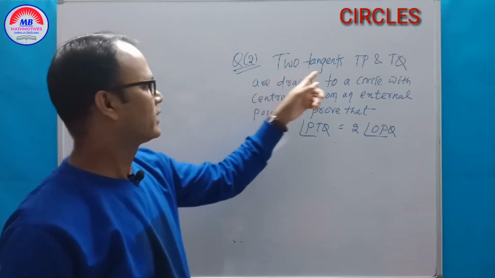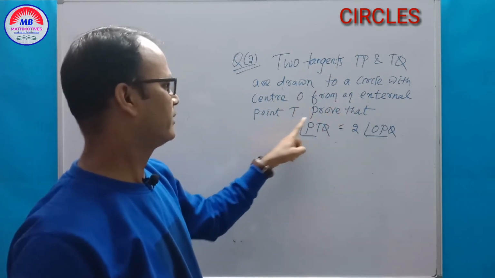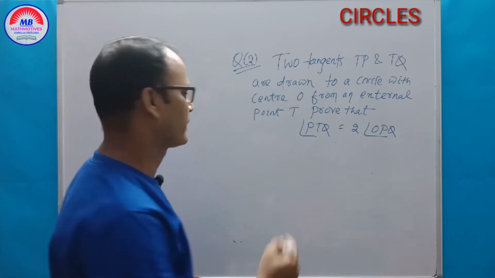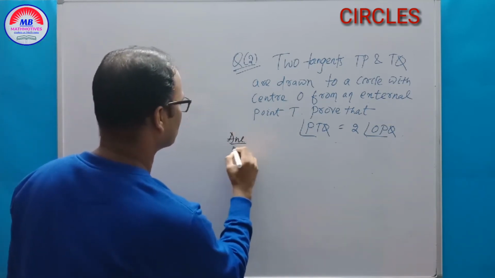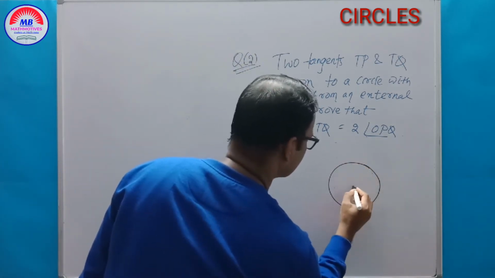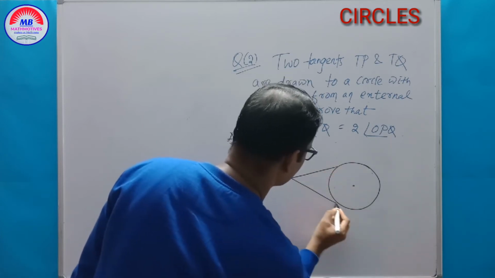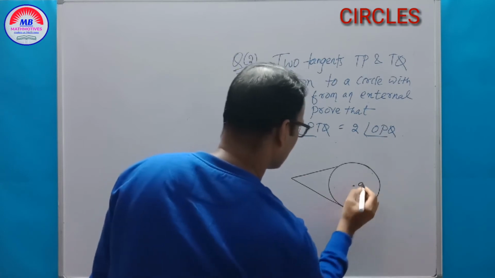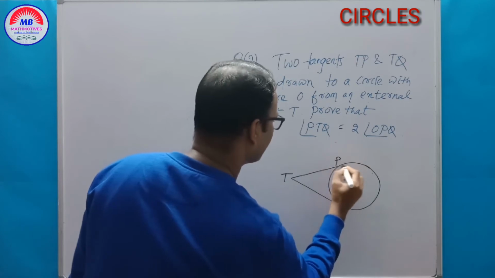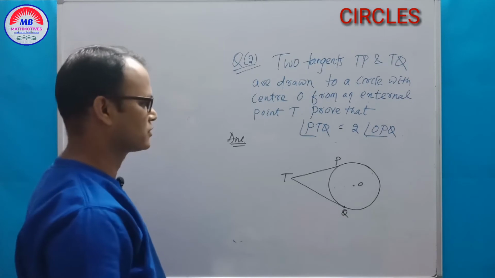Two tangents TP and TQ are drawn to a circle with center O from an external point T. Prove that angle PTQ is equal to 2 into angle OPQ. This is the circle with center O, and from T two tangents TP and TQ.